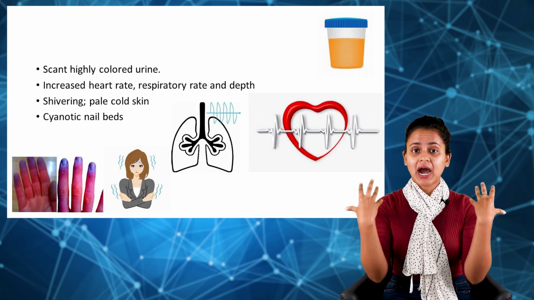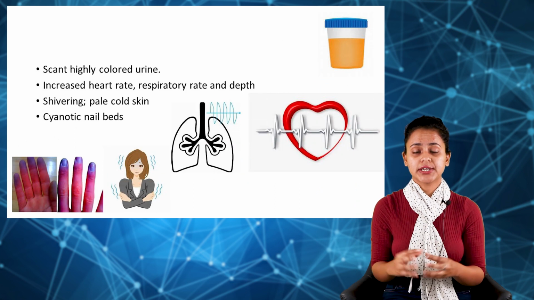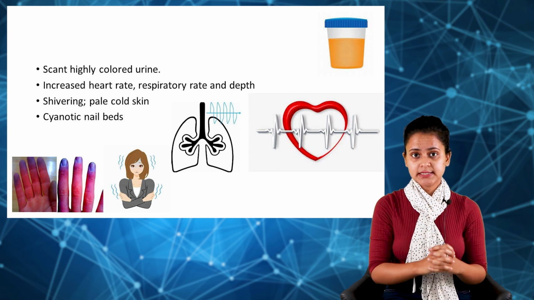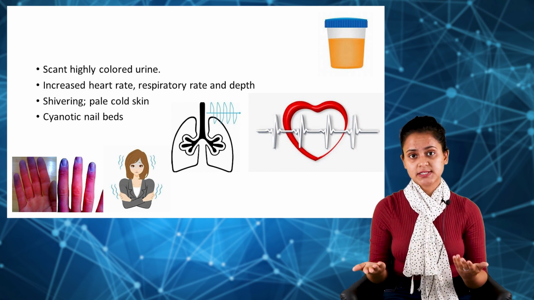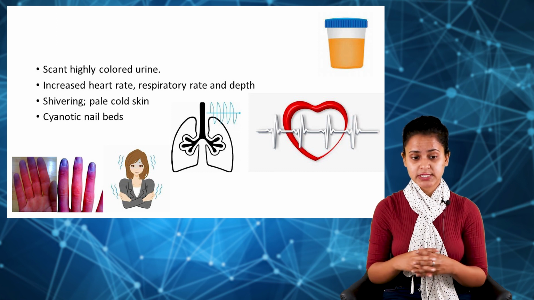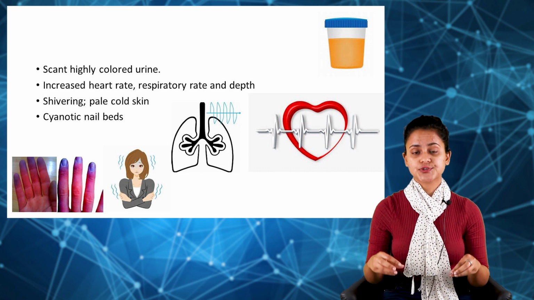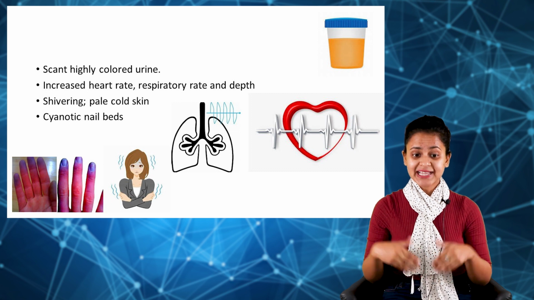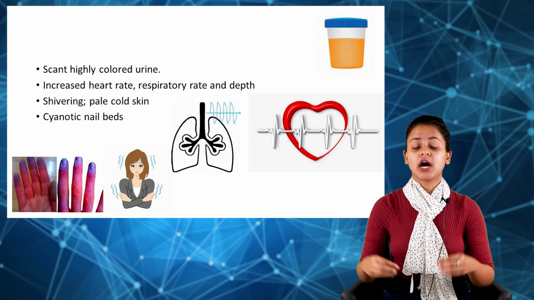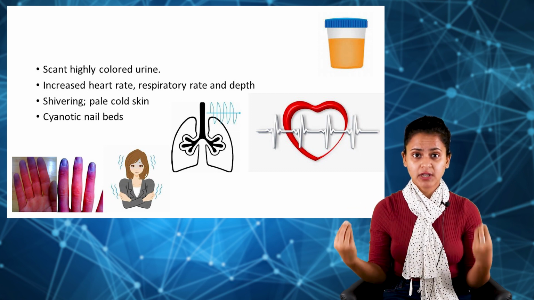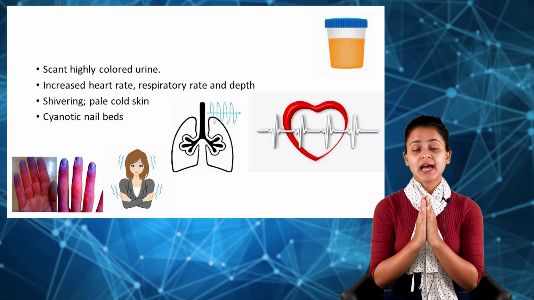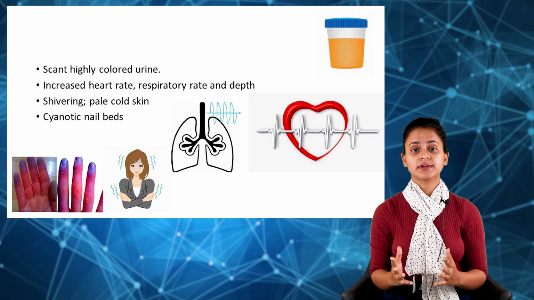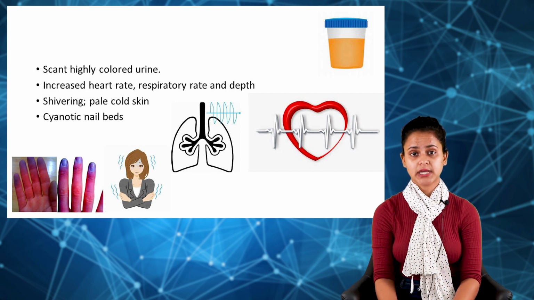Scanty or highly colored urination is often seen among clients with hyperthermia. There will be chances of increased heart rate, even respiratory rate. There can be shivering that can ultimately cause pale, cool and clammy skin for a client. Cyanotic nail beds can often be present among clients with hyperthermia.